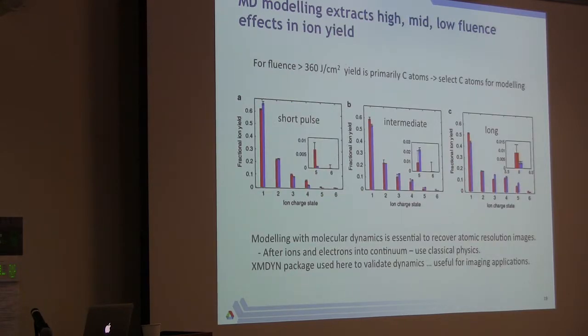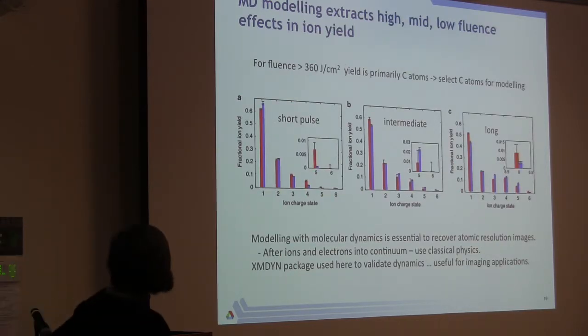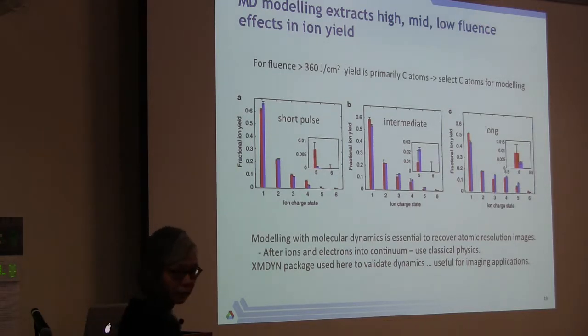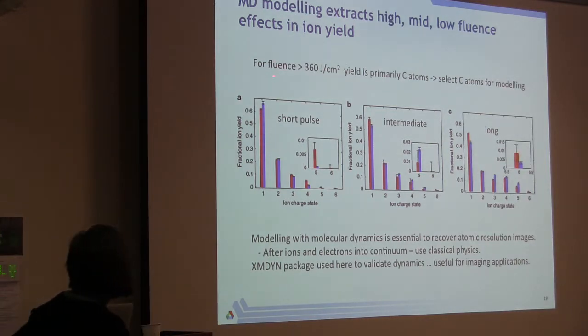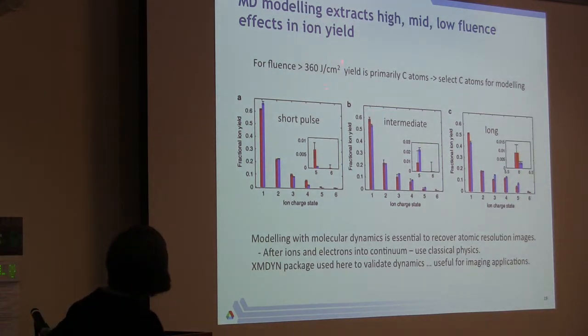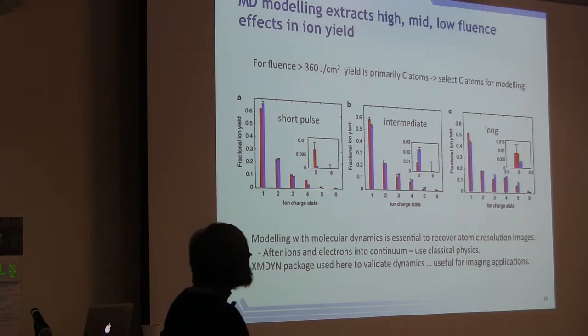Okay, so from the modeling, you can extract what's going on in high, mid, and low fluence situations. And for fluences that are larger than this, the yield is primarily carbon atoms.